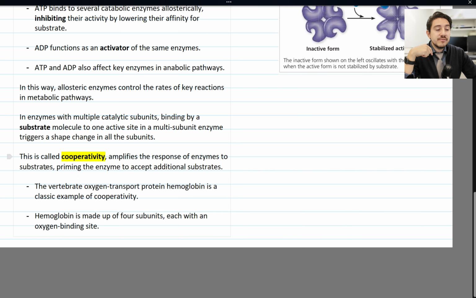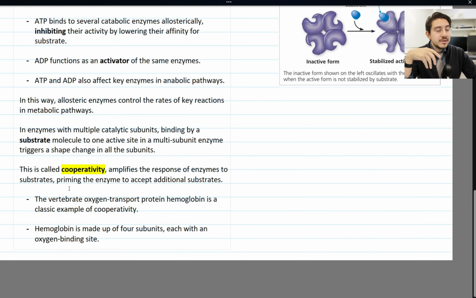So this is the idea of cooperativity. You have an amplification in the response of the enzyme to the substrates, so more efficacy for the enzyme to work.